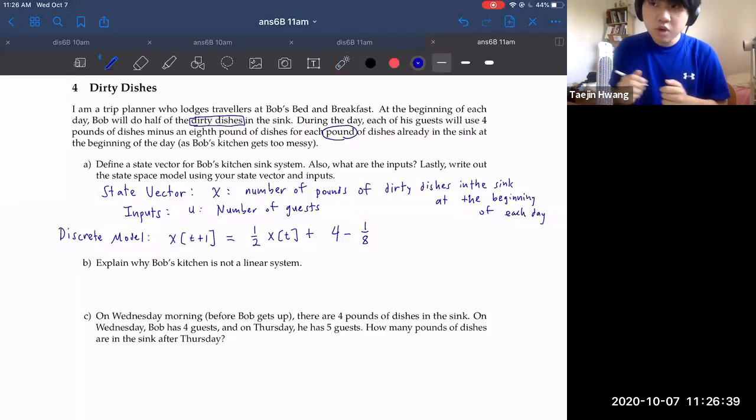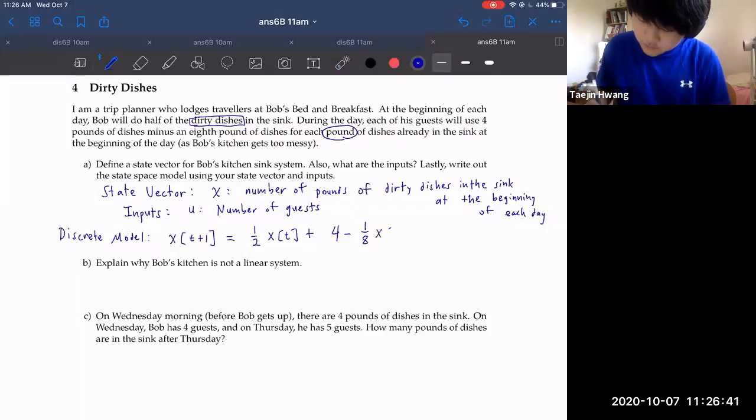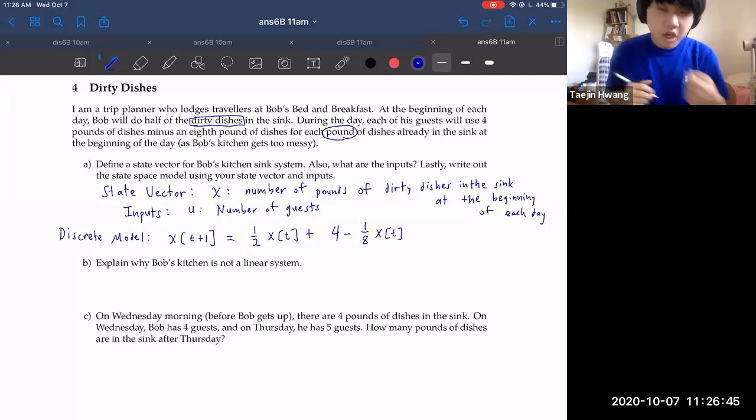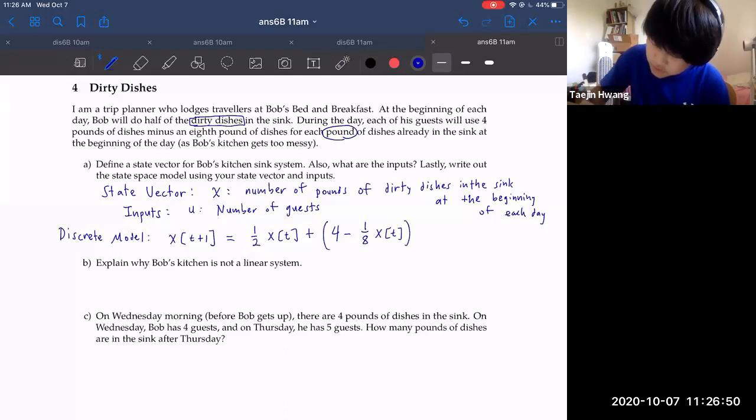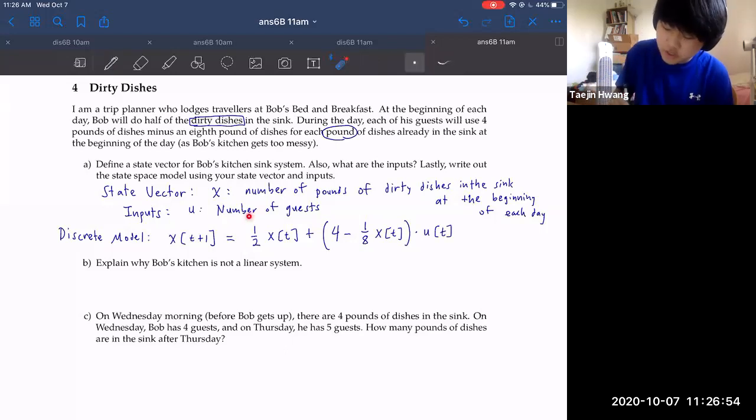And the number of dishes already in the sink, you can think of that as x of t. And because this is per every single guest, we're going to need to multiply all of this by u of t, which represents the number of guests. So this is going to be our state space model. So any questions about this?